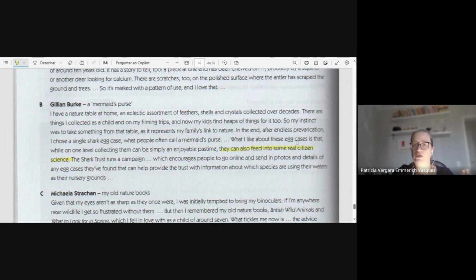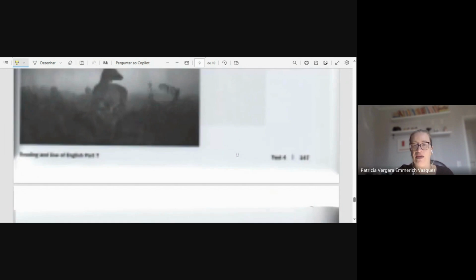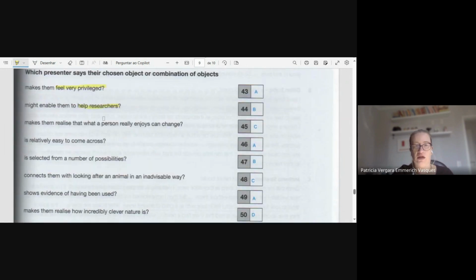What I like about these egg cases is that while on one level collecting them can be simply an enjoyable pastime, they can also feed into some real citizen science. So it's something that looks simple, but it can be something more scientific. And that's what they are asking here. Okay, to help researchers, right?